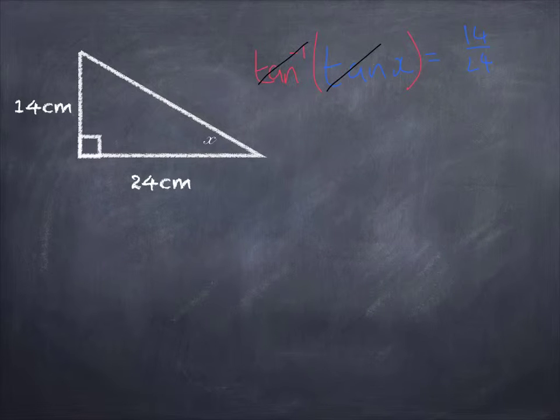Shwing, gone. However, it's an equation, so we need to do the same to both sides. So that disappears to give us x on this side, but we also need to do the tan -1 thing to this side of our equation, where we have 14 on 24.